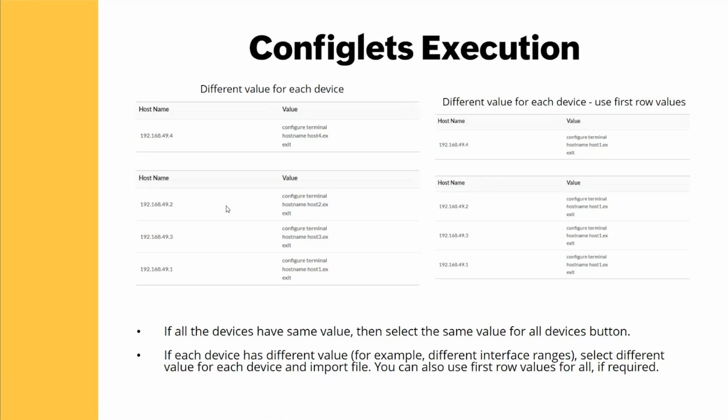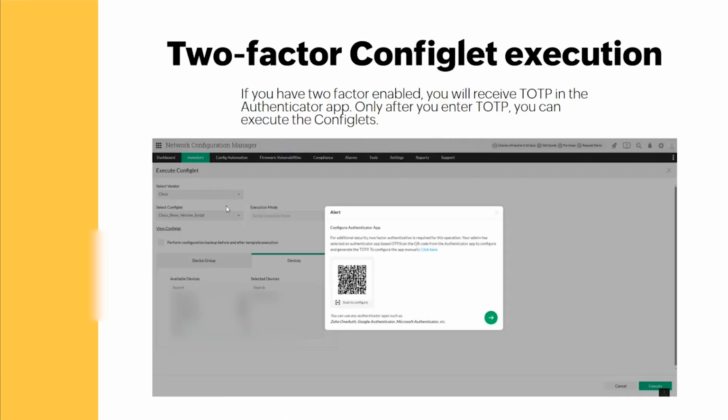All right, now let's move on to the next topic, which is the two-factor configlet execution. So this is a new feature we have recently developed in Network Configuration Manager. If you have enabled two-factor authentication, you will receive a TOTP, which is a time-based one-time password, in your Authenticator app. Only after entering this TOTP will you be able to execute the configlet.